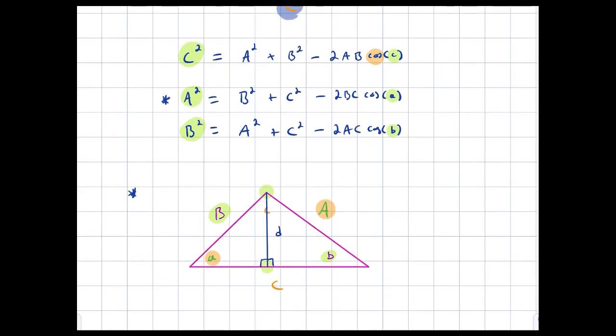And I really want to stress the process in this because it can be a little bit confusing where to start with proofs. I want to think what I'm aiming for, right? I need to find an expression for a squared. So I'm going to want to be squaring a. I'm going to want to be applying the Pythagorean theorem over here.